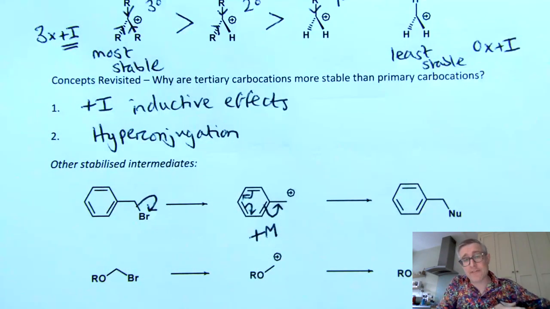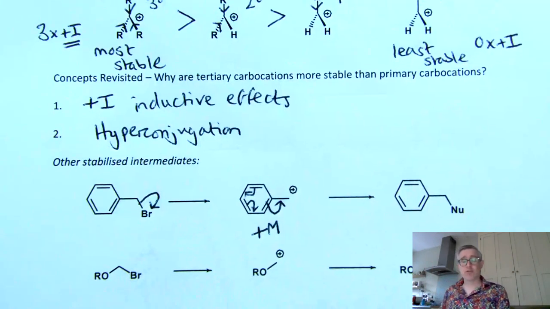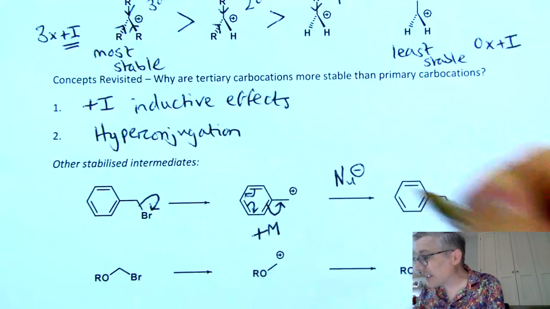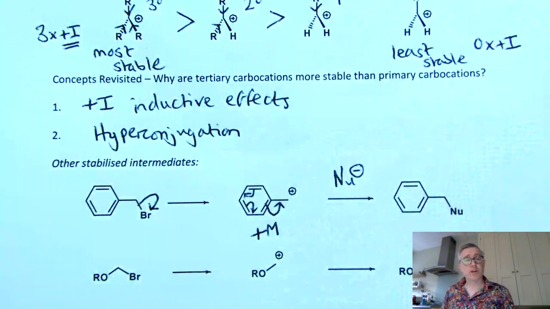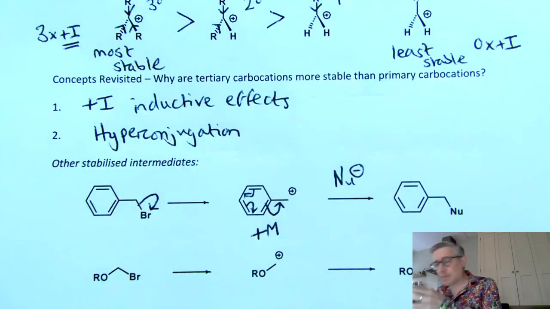We talked about that a few screencasts ago, and it helps stabilize this overall process. And then, of course, the nucleophile can attack in the second step and make the product. So this is not inductively stabilized, this is mesomerically stabilized.